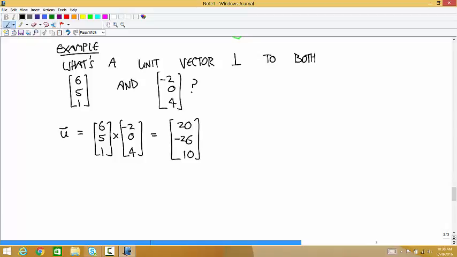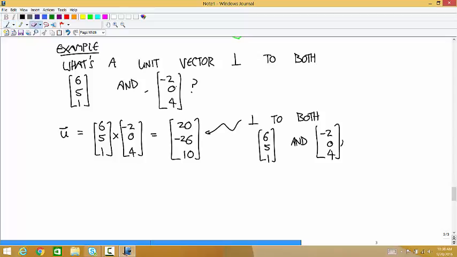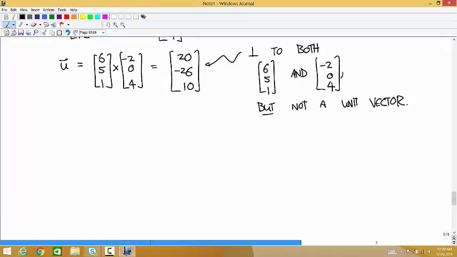Okay, so that's a vector that's perpendicular to both of these, 6, 5, 1, and negative 2, 0, 4. But it's not a unit vector. So to make a unit vector in that direction, calculate the magnitude.